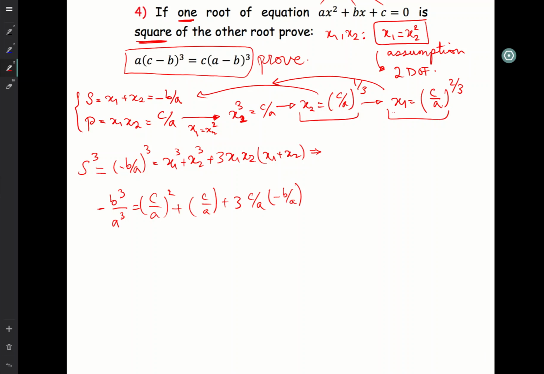But then the question is, how do we make it in the format that the problem is asking? Let's see. So this is equal to c squared over a squared plus c over a minus 3bc over a squared. Let's make a common denominator a squared here.